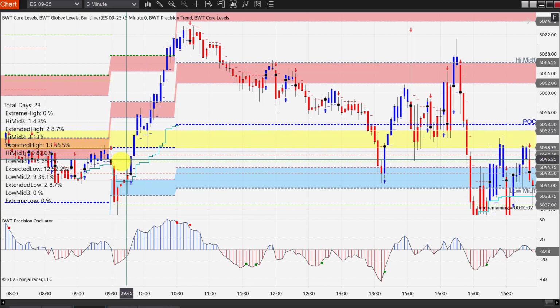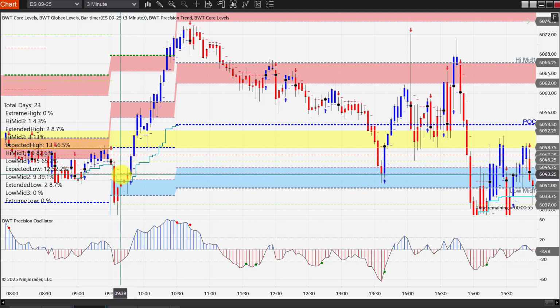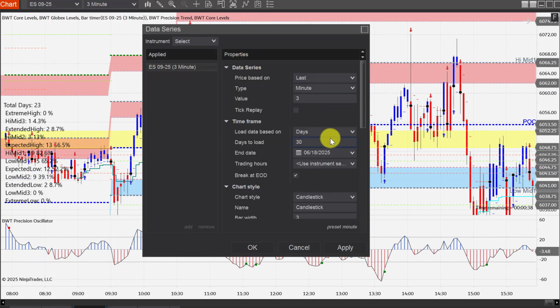These are really sizable swings, and the probabilities trading between these ranges is pretty strong. And then you have your developing POC, which gives you an idea of which side of the market to be on. Okay, so let's go back to 90 days and look at the stats.